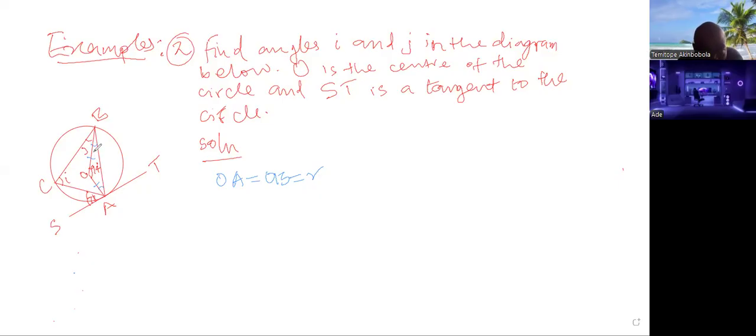Let's call this place X, and I'll also call this place X. So we can now say that sum of angles in a triangle is 180. So 94 plus 2X equals 180.